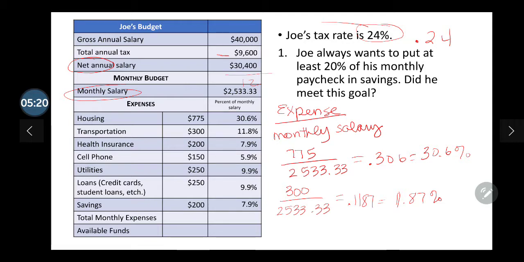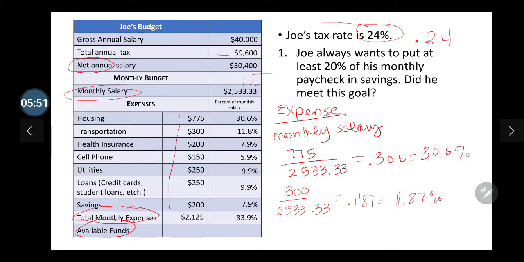Now let's finish this chart. It says the total monthly expenses, so I'm just going to add all of these together, and when we do that, it equals $2,125, which is 83.9% of the budget. So how much available funds does he have left, because he didn't spend all $2,533?